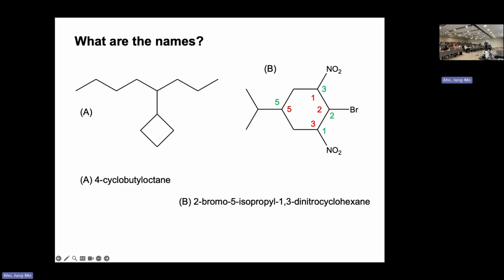But how come 2 different numberings give the same name? It's because of molecular symmetry. You can see that there's a symmetrical plane right here. So in this example, 1, 3 or 1, 3 makes the same.